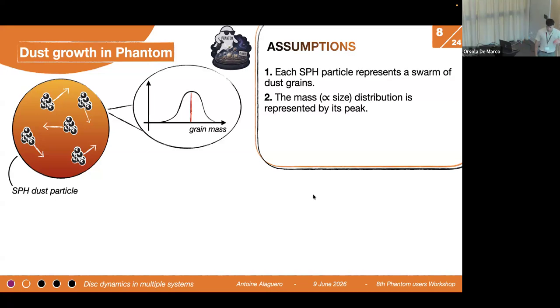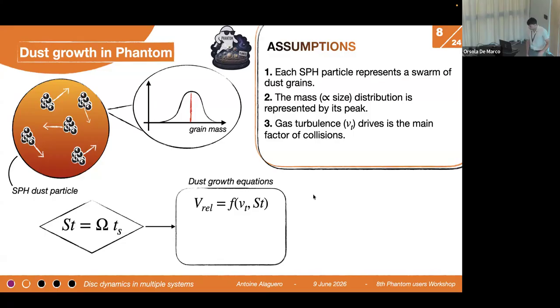And these grains have a distribution in size, or I will talk in terms of mass, which is basically the same. And we'll just represent that distribution with one single value, which is, for example, the average. Or the peak, can be whatever you want.